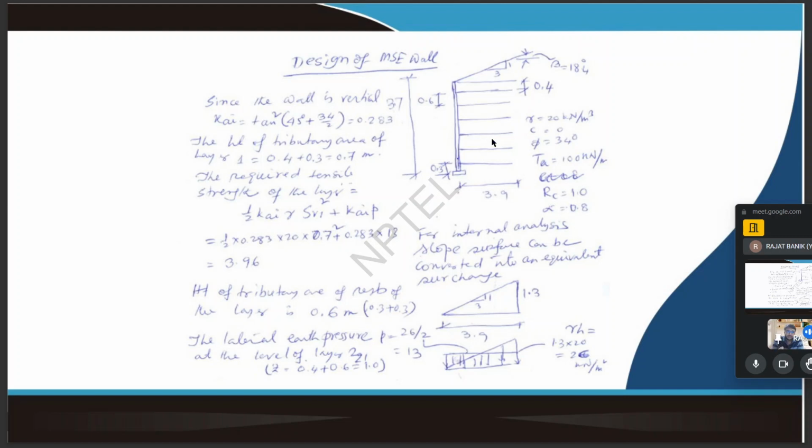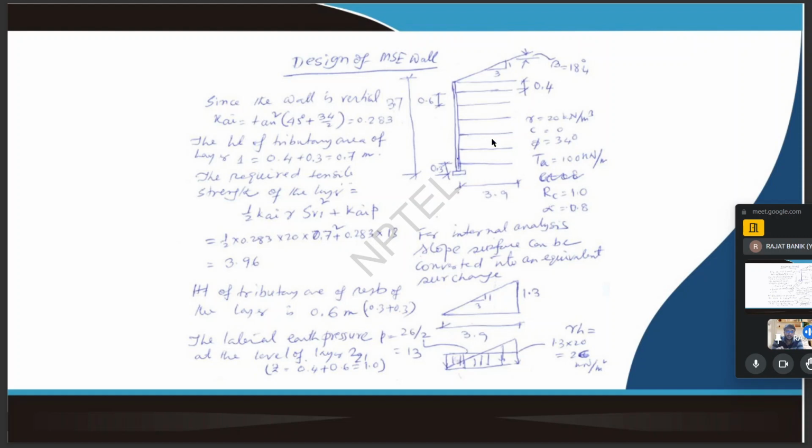Then we find the height of the tributary area of the layer. So what is the height? For layer 1, the height of the tributary area is given here, 0.4 plus 0.3 meter. And how did it come?